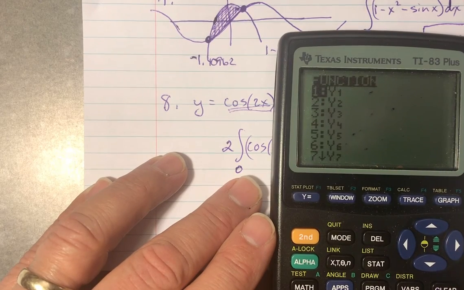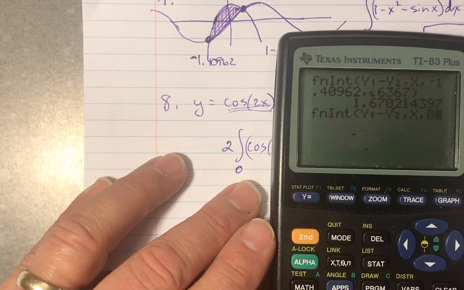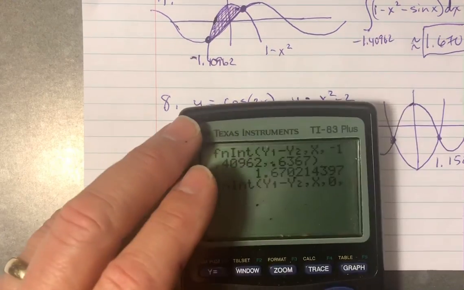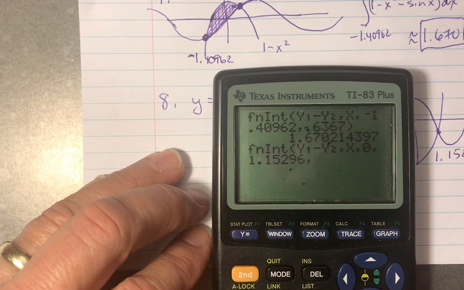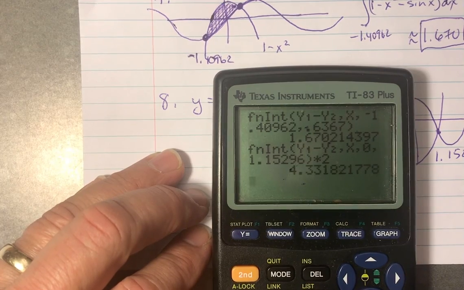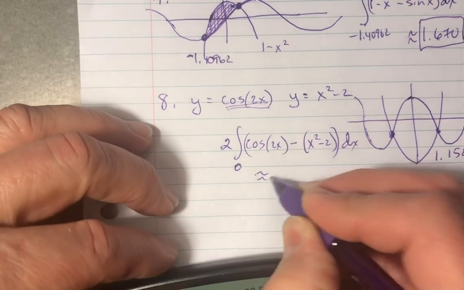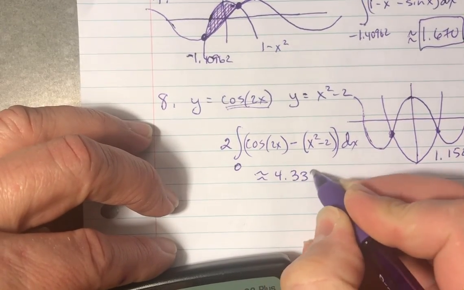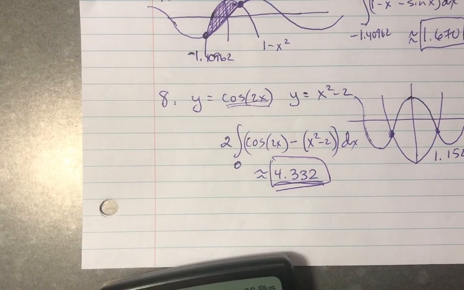So upper minus lower with respect to x, and then I'm going to go from 0 to 1.15296, and then I'm going to multiply it by 2, and I get about 4.332. And so there you have numbers 7 and 8.